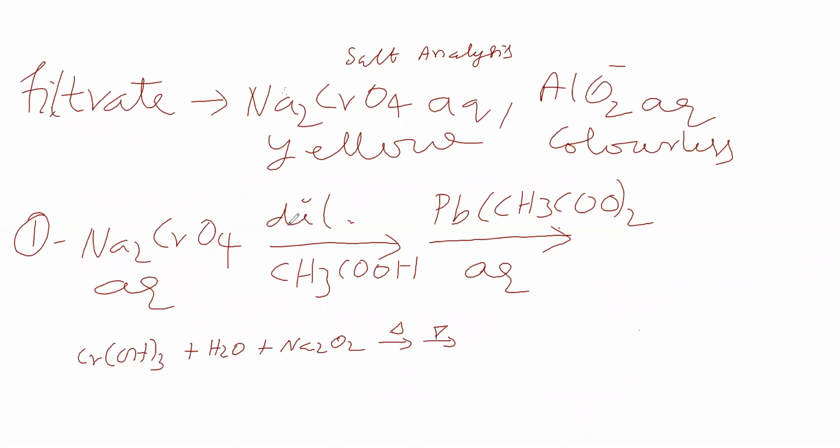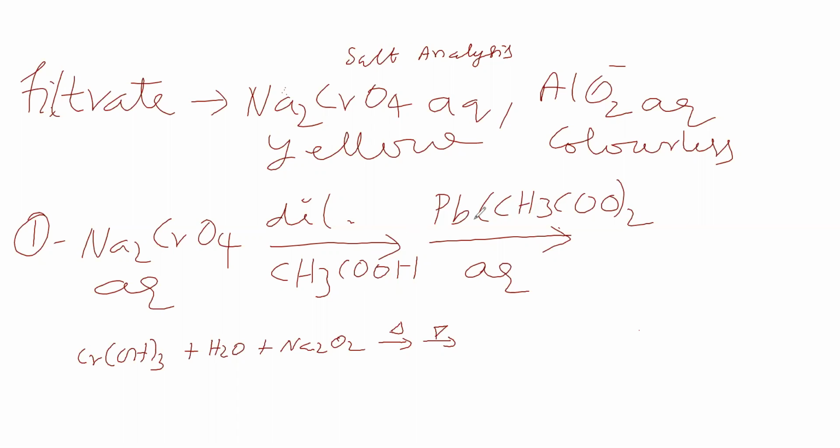So dilute acetic acid is added in order to neutralize the basic medium. Second possibility, due to this acetic acid, this solution becomes acidic medium. Third possibility, if the reagent is lead acetate, the medium should be acetic acid, because lead acetate will dissolve in acetic acid to a higher extent.